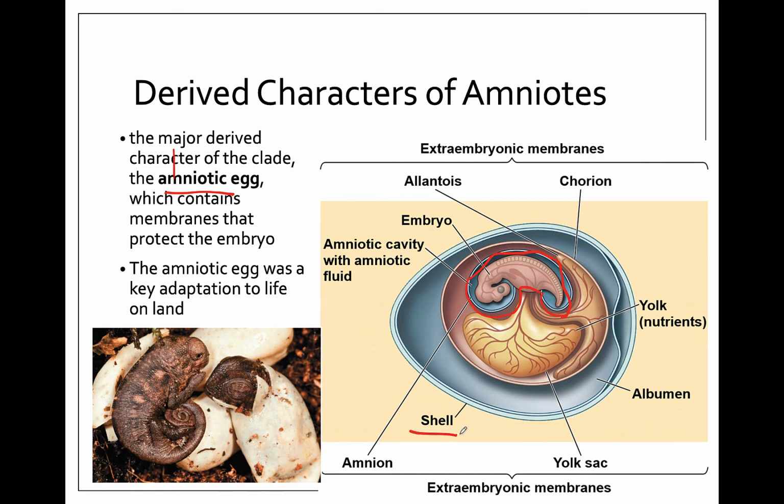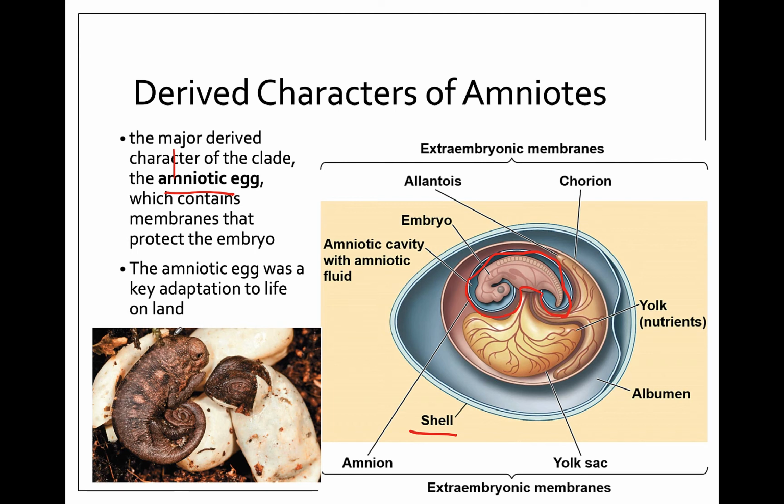So the shell here is going to help to prevent drying out. So this is going to keep the embryo that's inside of the shell inside of its own little private aquatic environment. So this is still an aquatic environment, it's just retained inside of a shell. We're also going to see that amniotes are going to have tougher skin.